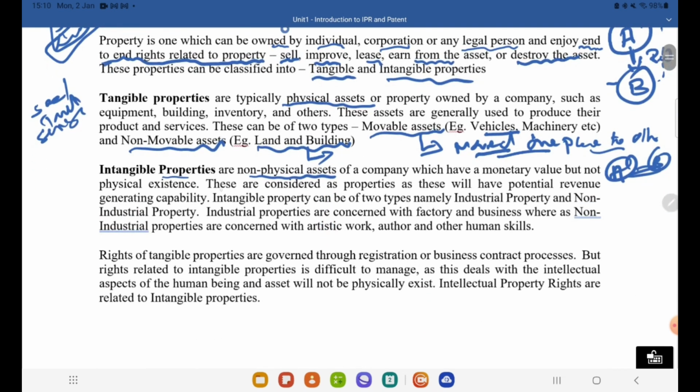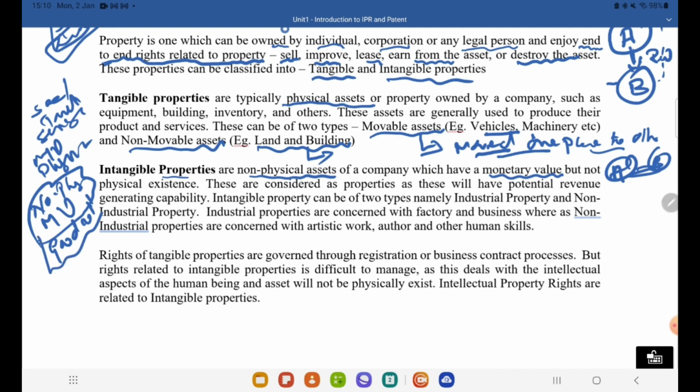Moving on, intangible properties are non-physical assets, but they have monetary value. Tangible assets have monetary value and are physical; intangible assets are not physical, but they also have monetary value. The best example of an intangible asset is goodwill. We buy reputed brands because we believe they sell quality material.